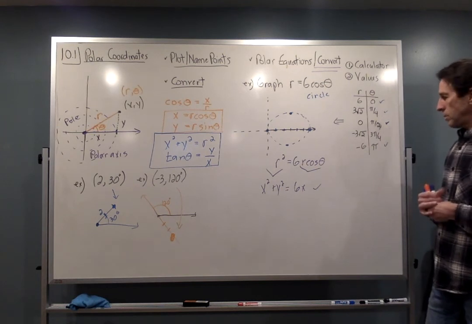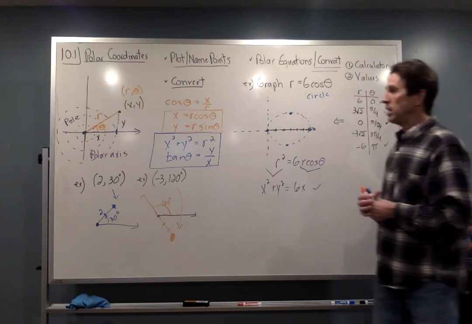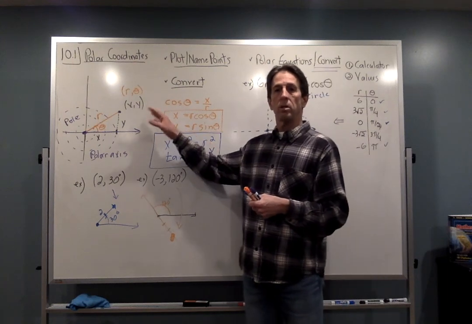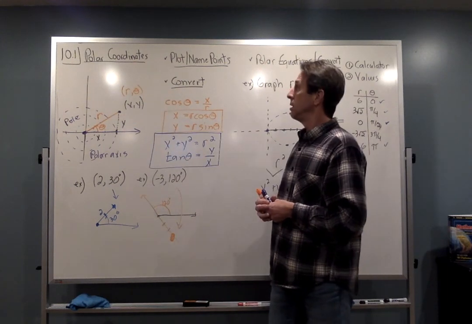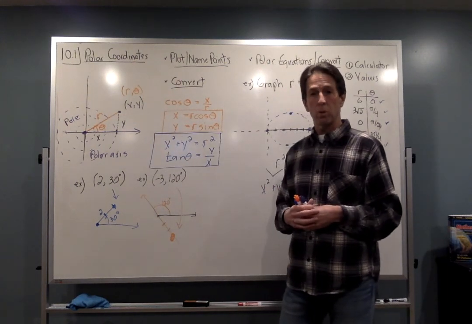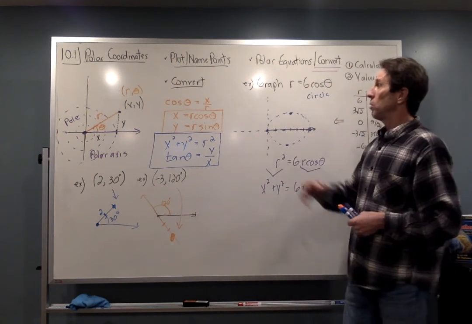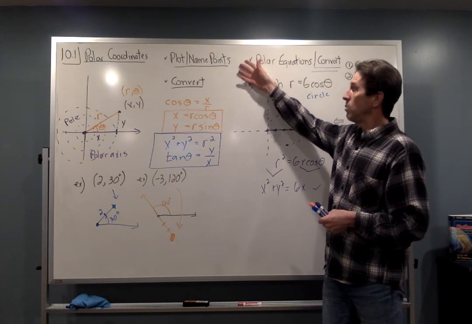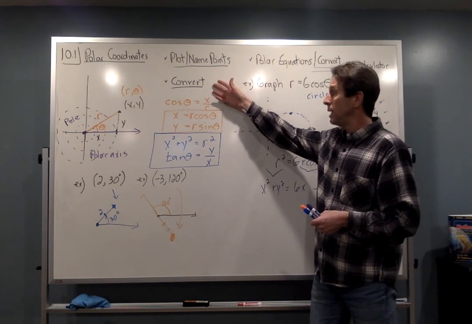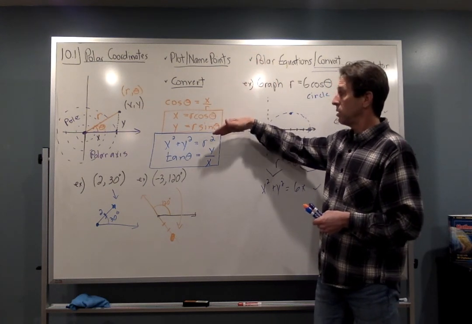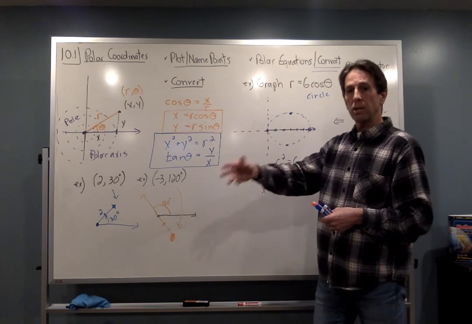So what we have so far is a new way to talk about a point on the plane. And that is with using these things called polar coordinates, where there's an r and a theta. In working with polar coordinates, we should be able to plot points and name points. We should be able to convert between xy coordinates to polar and polar to xy.